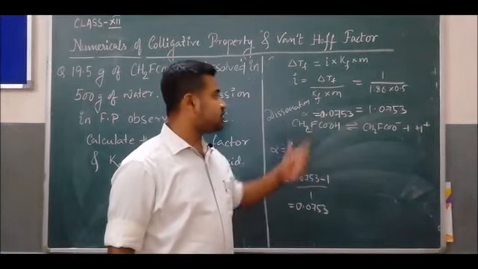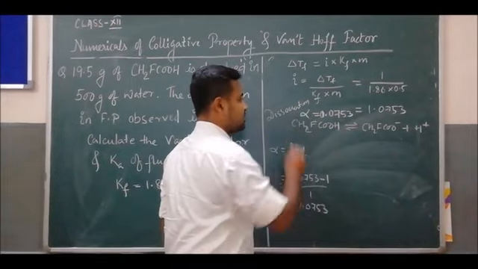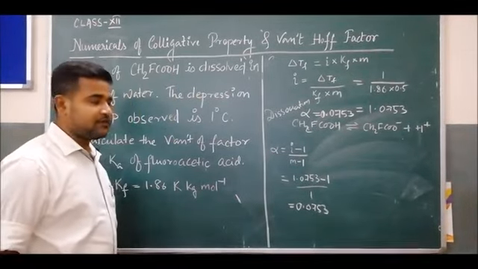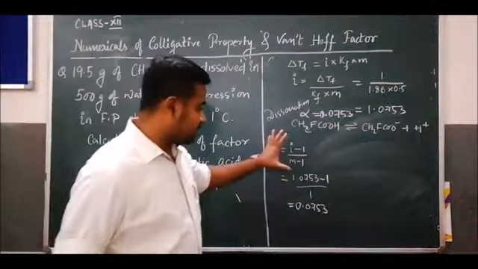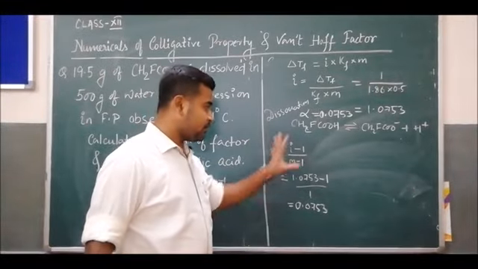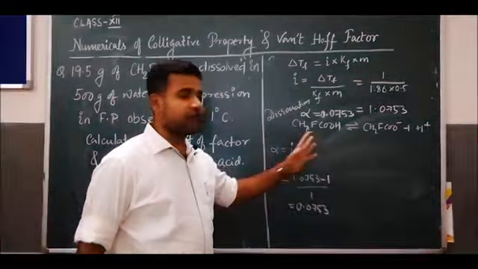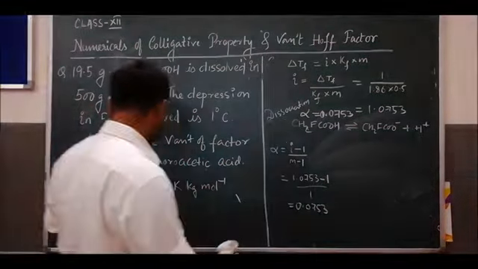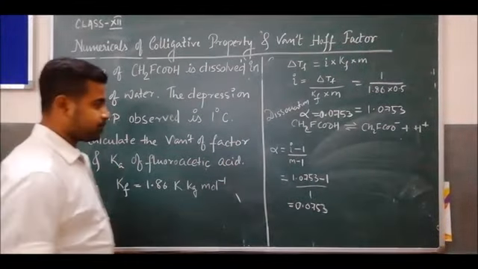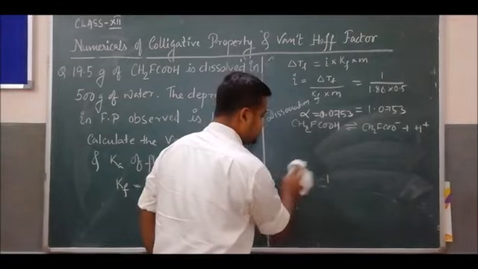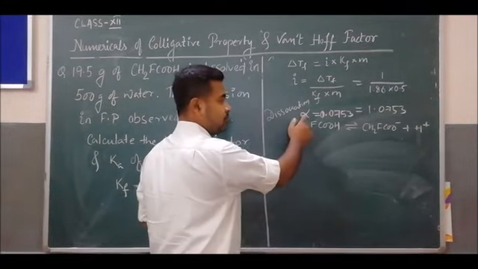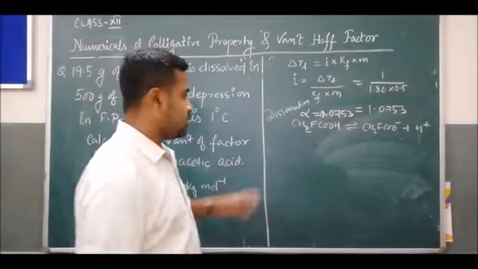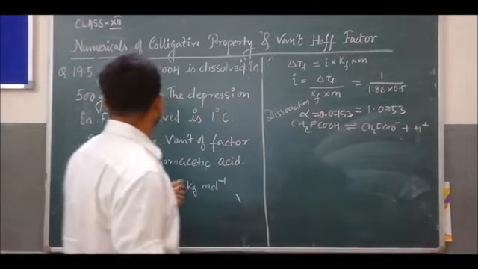So alpha value is equal to 0.0753. Clear? So take the screenshot of this, then I will rub it and we will proceed to the Ka value, that is the dissociation constant. So this is the degree of dissociation. Now see, what is the initial concentration?